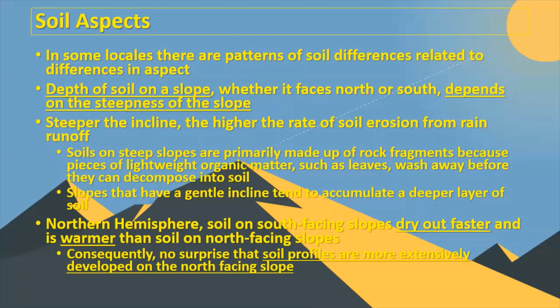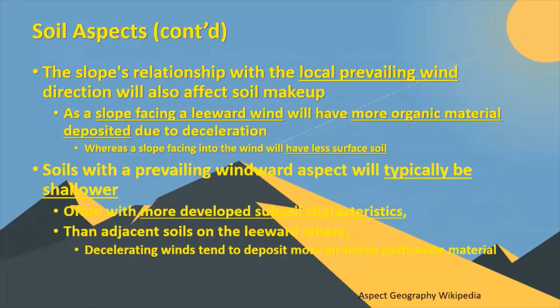Slopes that have a gentle incline tend to accumulate deeper layers of this organic material, which is good. Northern hemisphere soil on south-facing slopes dries out faster because of the sun on it. So it's also warmer. Soil temperature is important for seed germination. But consequently, it's no surprise that the soil profiles are more extensively developed on north-facing slopes.